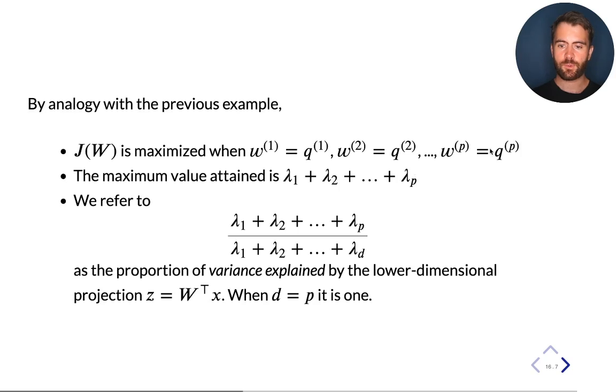And again, if this was not the case, we would be taking out a lambda here and replacing it with a smaller lambda, and that would just make the objective value smaller.